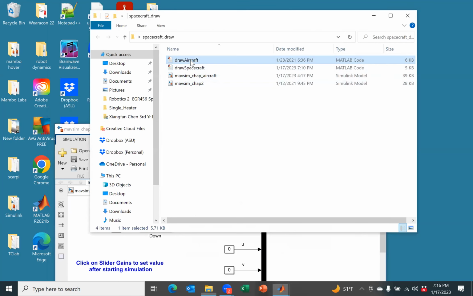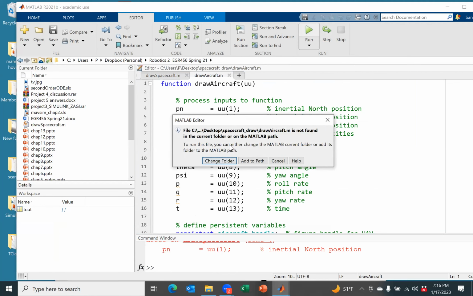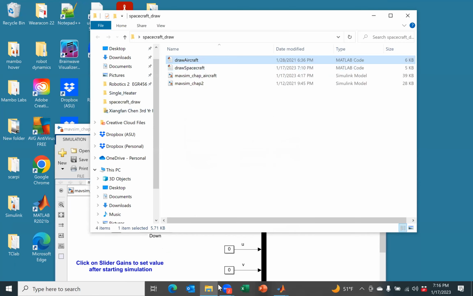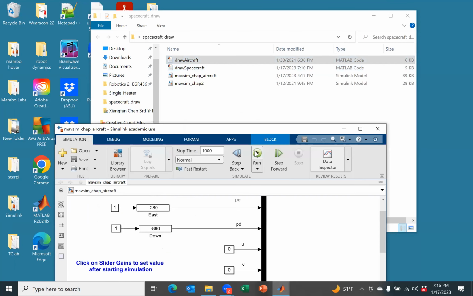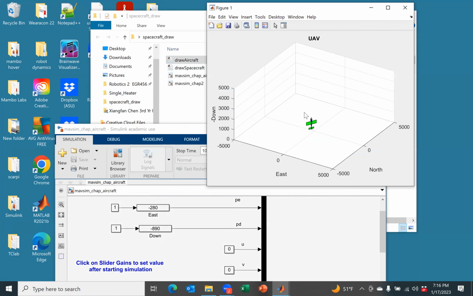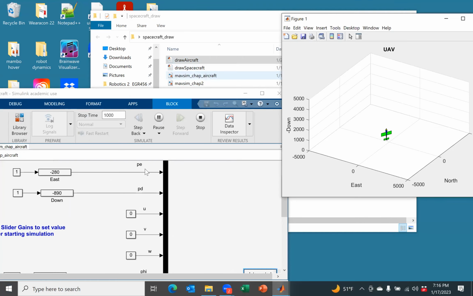Okay, run, change folder. Run. Okay, can you see that this is the aircraft? This is your assignment. This is how the solution of your assignment should look like.